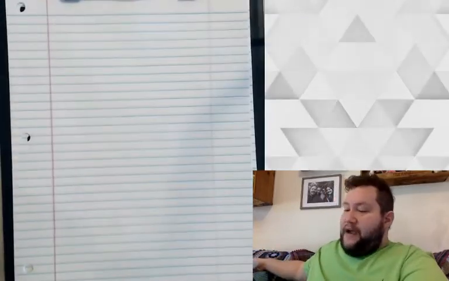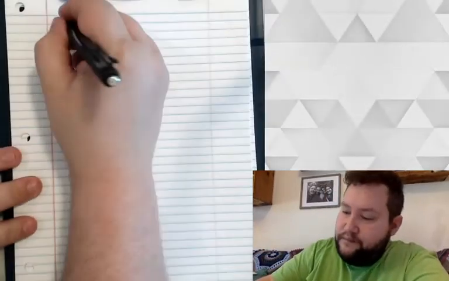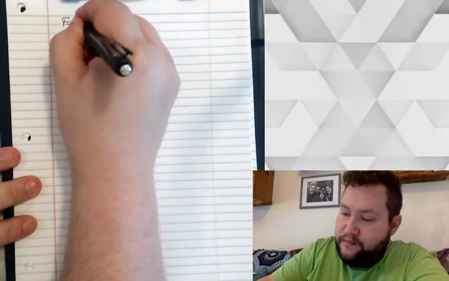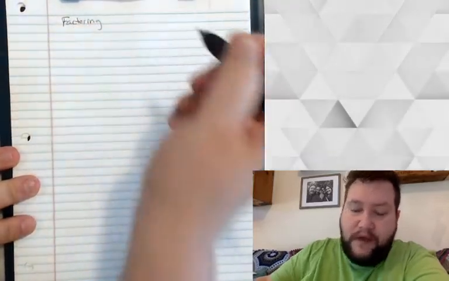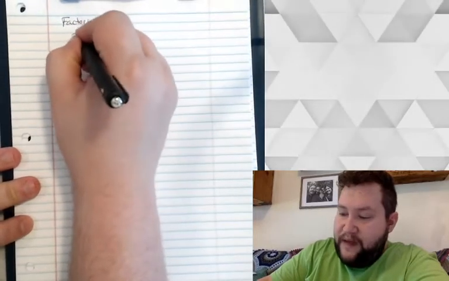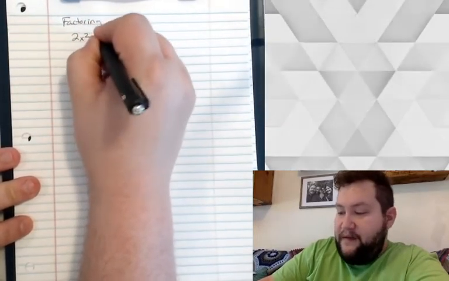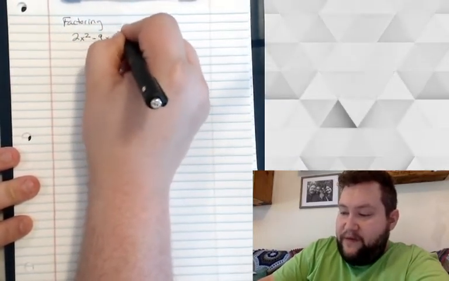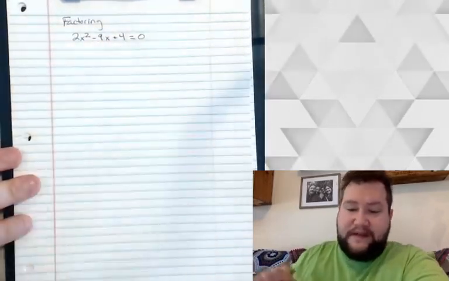When we look at factoring, we'll have something that looks like this: 2x squared minus 9x plus 4 is equal to 0.